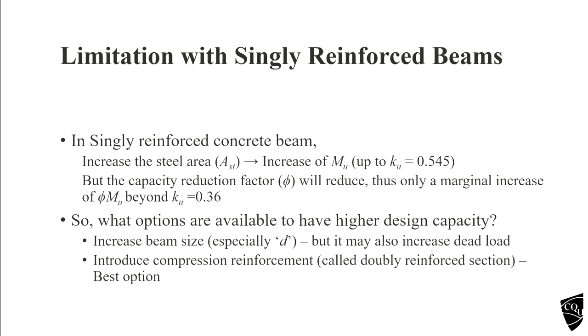On the other side, Ku also cannot go to 0.545, so we can't even reach the balance section, because the standard says maximum 0.36. So what we do in this case is provide some additional reinforcement in the compression zone, so that we have some extra capacity in the compression, and we can increase the steel as well.